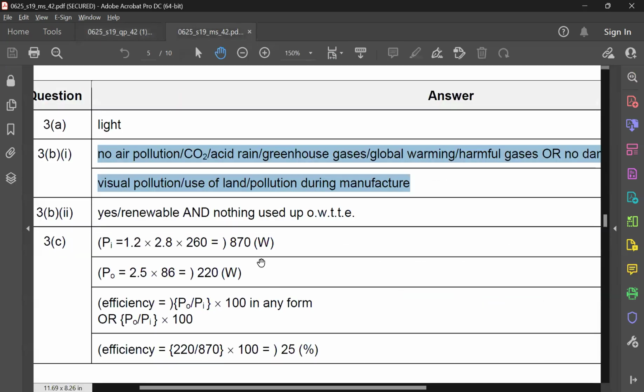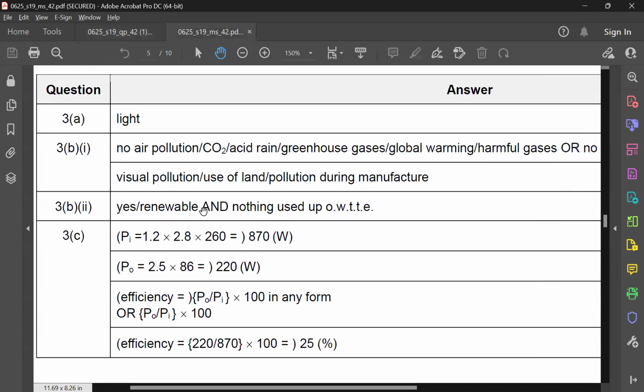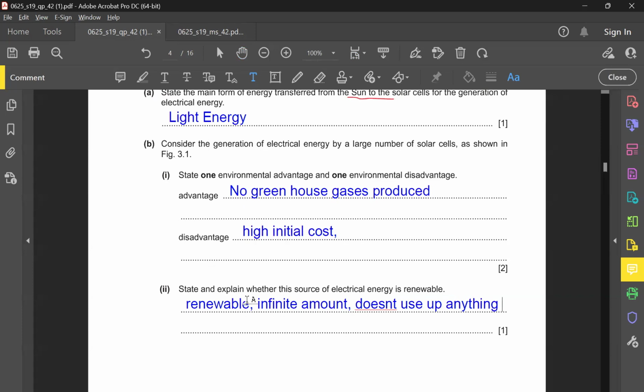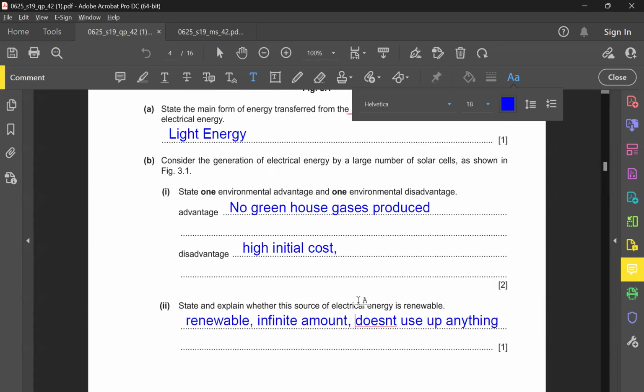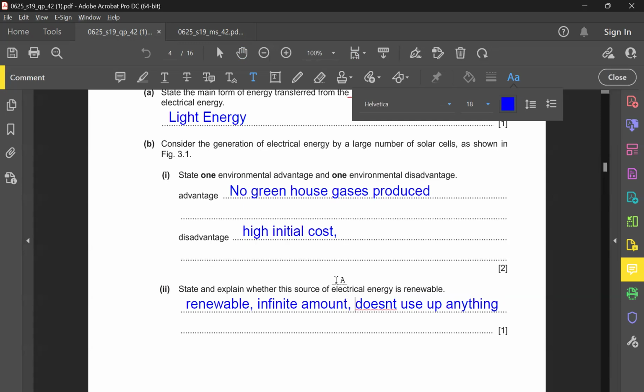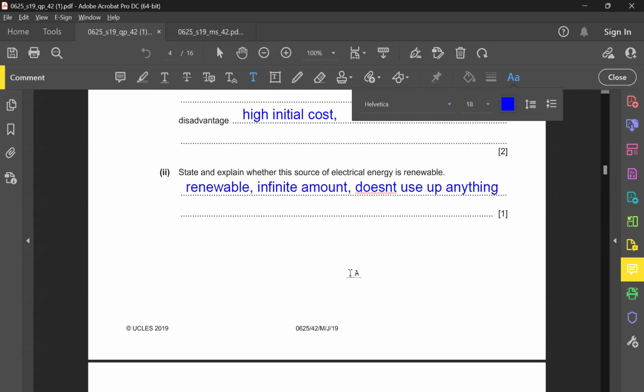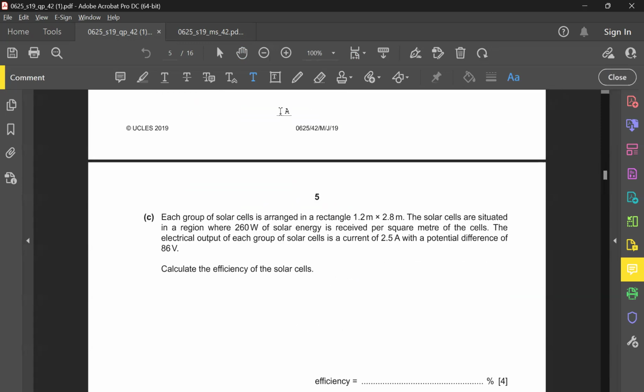Anything that's logical. I think you must mention it doesn't use up anything, for it is renewable. But I think everyone did very well for this page. It's like common sense, right? Unless common sense is not so common anymore.